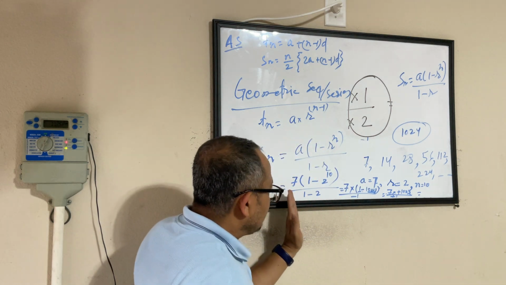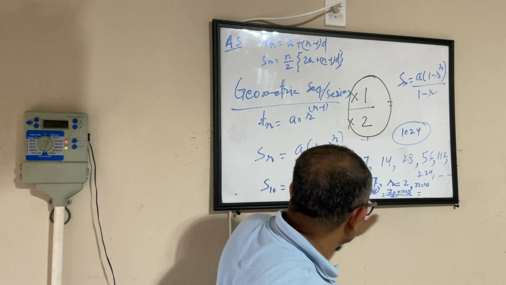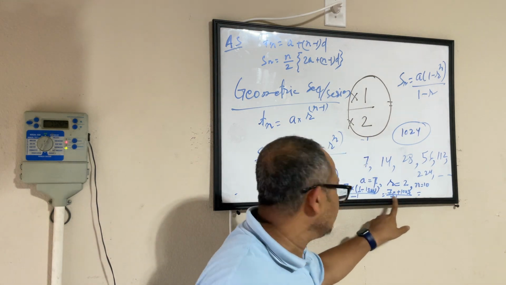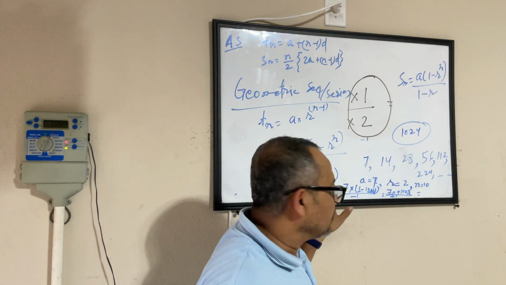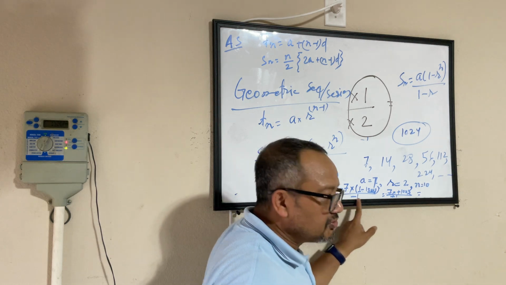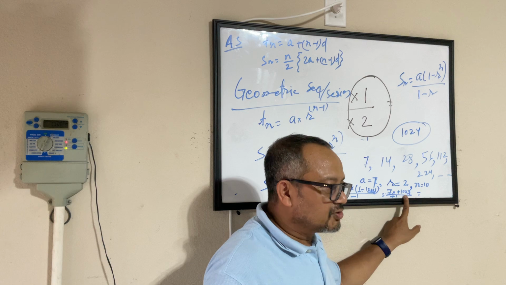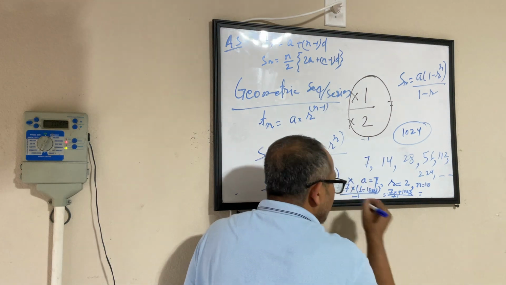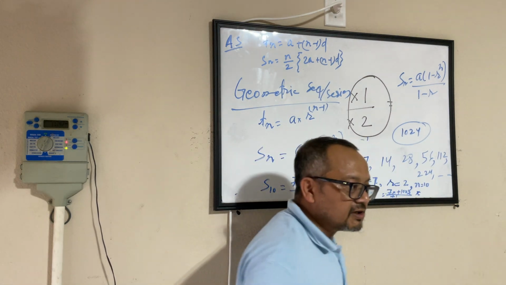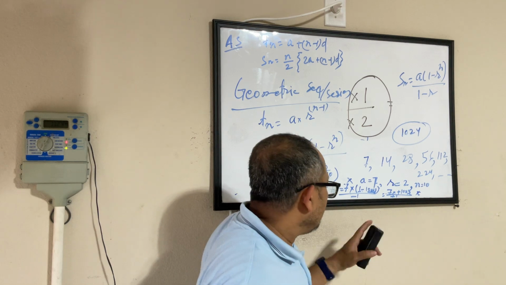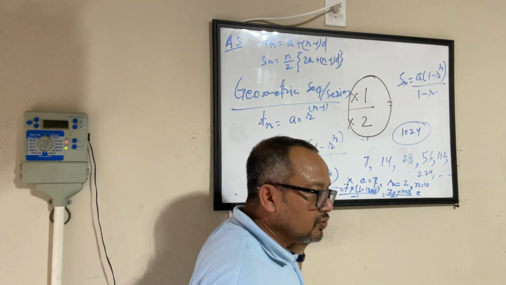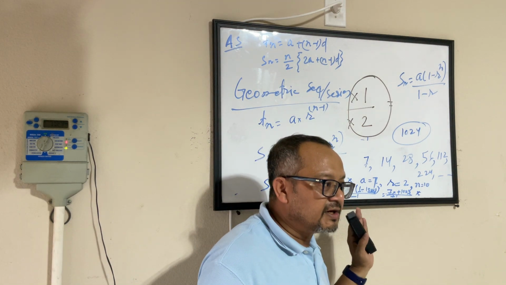From here to here I could have jumped very quickly, saying 2 power 10 is 1024, 1 minus this. I'm not doing that. I have a habit of doing it step by step, so that if I go wrong and my answer doesn't match one of the multiple choice options, I would know where to start and where I can decode the problem.